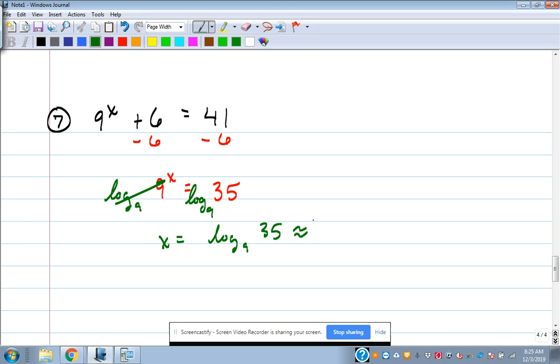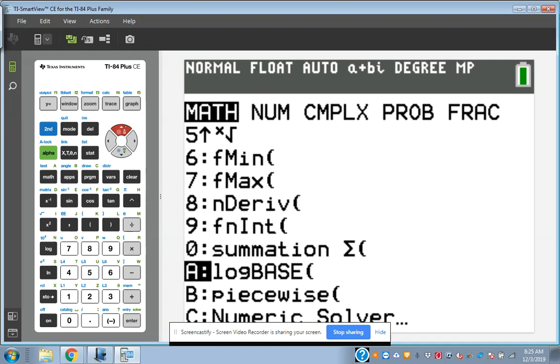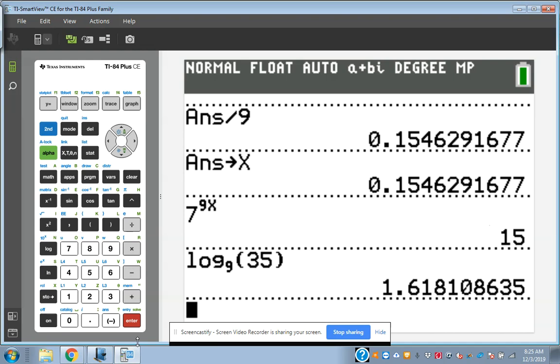And we get a decimal approximation for that. Well, yeah, you had to do a step before. We had to do that little extra step there. That wasn't real hard, was it? That's what I hope you all realize. It's not really hard. 35. 1.618.